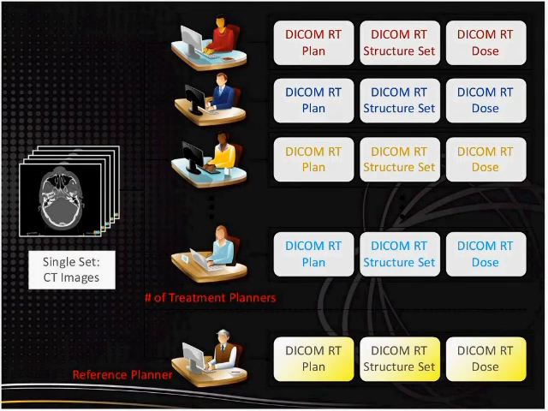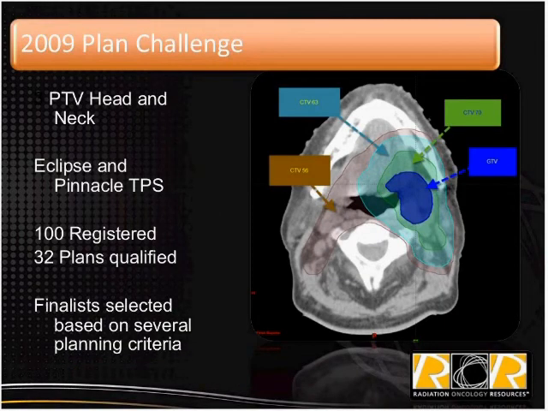Ultimately, the way the challenge was designed was to put a single set of CT images out, and then you would have several treatment planners download those images. They then would submit the DICOM RT structure set, the plan set, and the dose set back to us, and we would compare them to a quote-unquote reference plan or gold set, and then analyze the results.